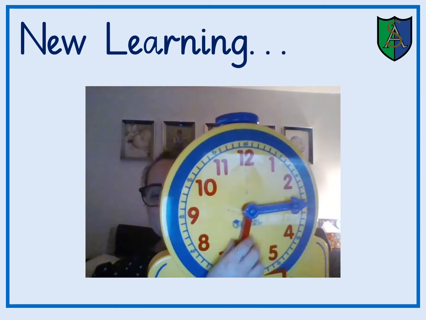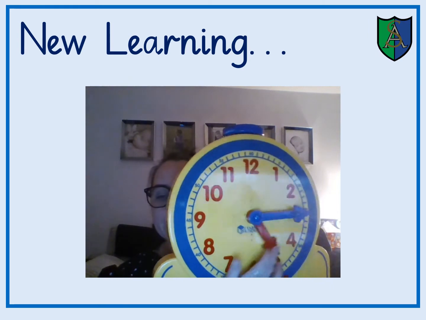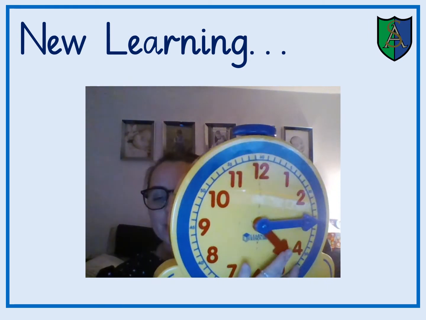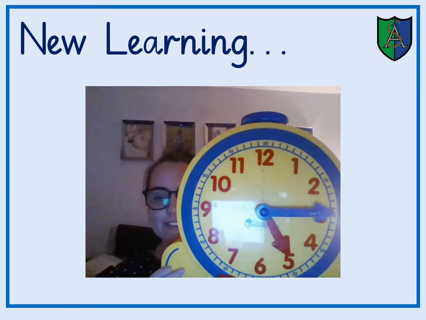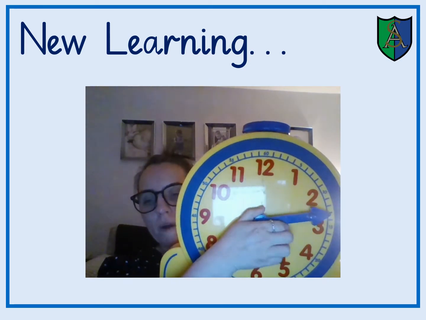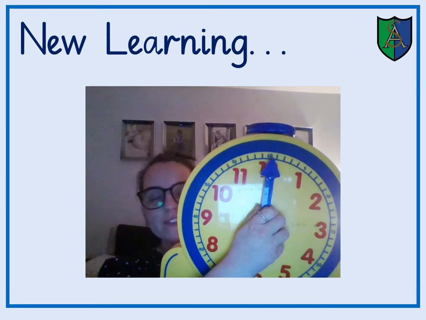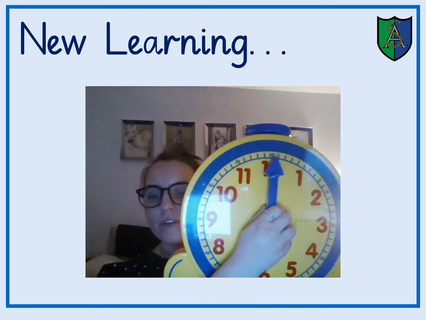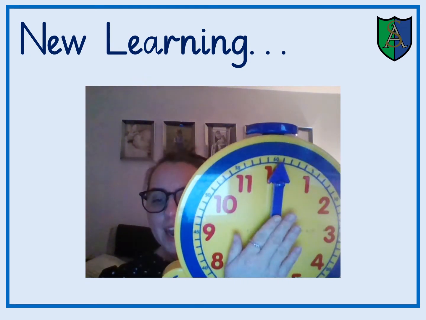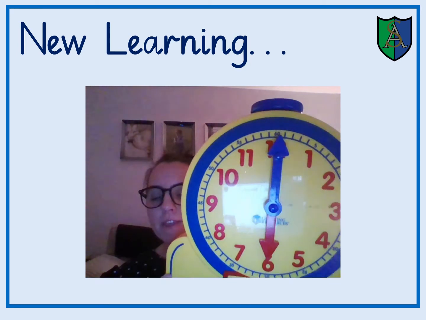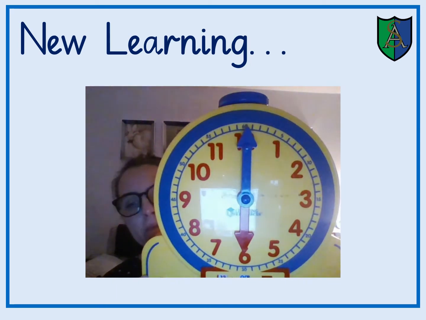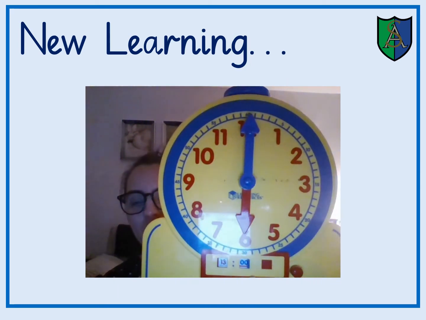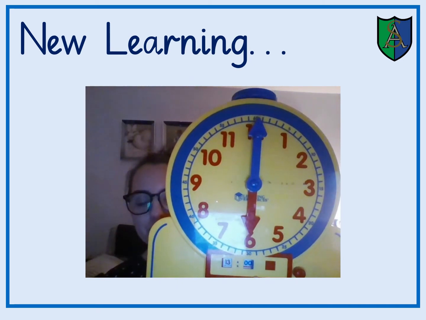Now, we know already, because we've done lots of work on this, we know that it doesn't really matter where the hour hand is pointing, because that just tells us the hour that it is. The minute hand is the one that tells us whether it's o'clock, whether it's past, whether it's 20 past, whether it's 22. So the minute hand really determines the minutes, how many minutes have gone by or how many minutes there are left to the next hour, okay?